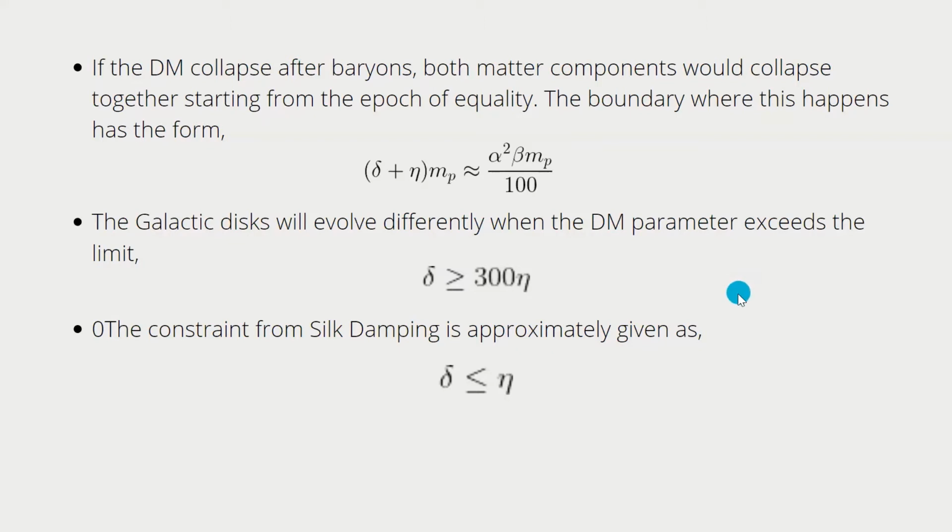So the fluctuations which cause galaxies to form, like our own Milky Way galaxy, those fluctuations smooth out. The condition for that is if we have a unity baryon density. Unity means that both of them are almost equal. So we get this relation.